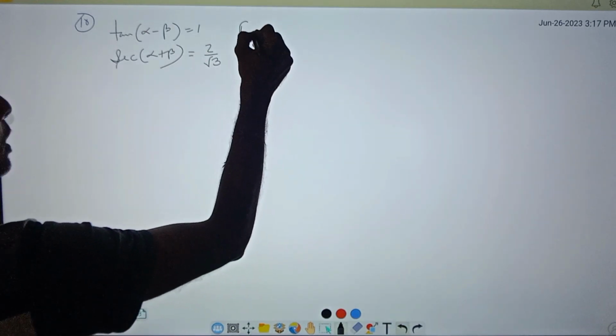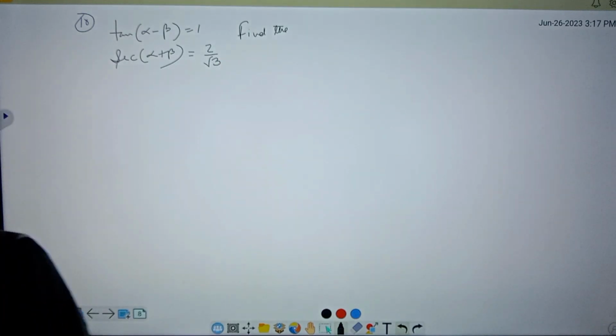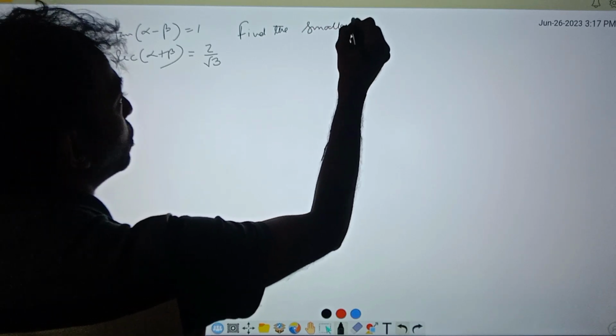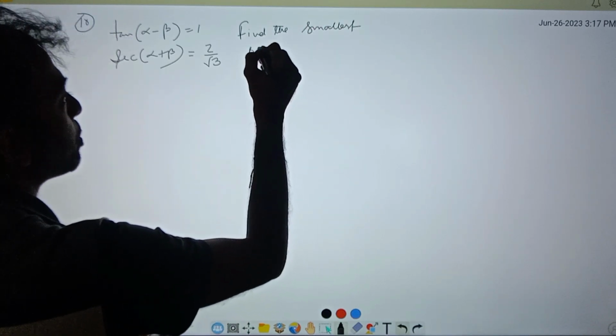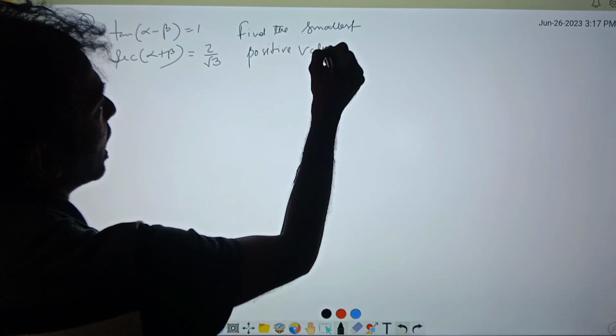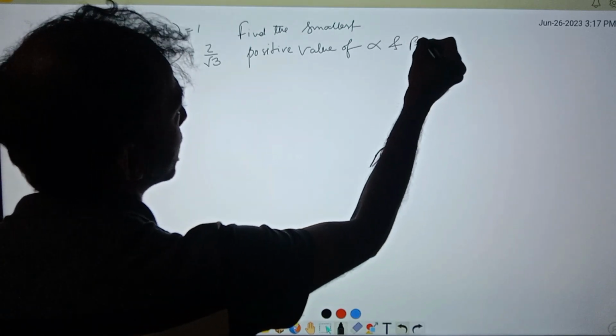Find the smallest positive value of alpha and beta. Positive value of alpha and beta. That's our problem actually. Okay?